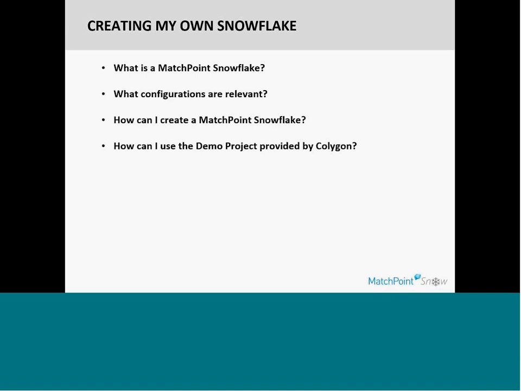You can either create a snowflake manually by creating a configuration in the MatchPoint config editor and deploying and creating web parts as you normally would, or you could deploy a snowflake using a solution which you create in Visual Studio as you would do with a normal SharePoint project. And Colygon is providing a demo project which will help you to implement this.